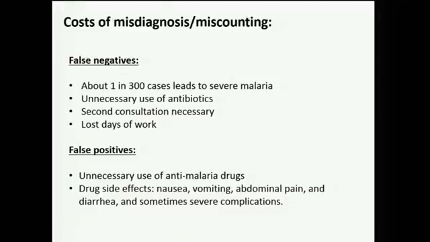Then false positives is the unnecessary use of anti-malaria drugs. If you give a person drugs and the person doesn't have malaria, he may suffer from the side effects, which can also cause severe complications. So this is all costs that we want to avoid, and automation can help here, we think.